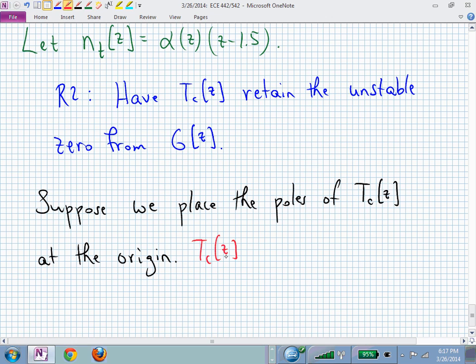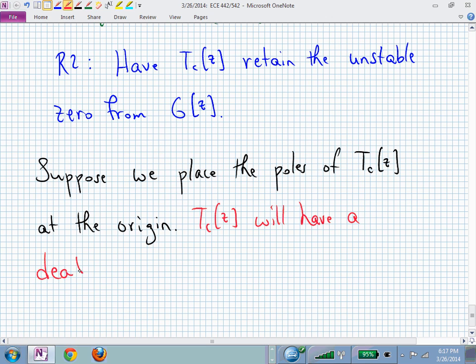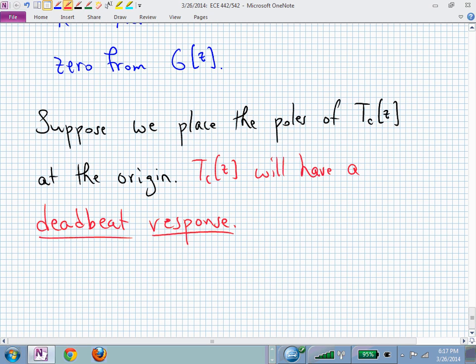So T sub C of Z is going to be a deadbeat response, which means if you apply a constant input, after a certain amount of sample periods, you're going to be constant. Your transients will all be gone. It won't take an infinite amount of time to reach your destination. It will reach it in a finite amount of steps.